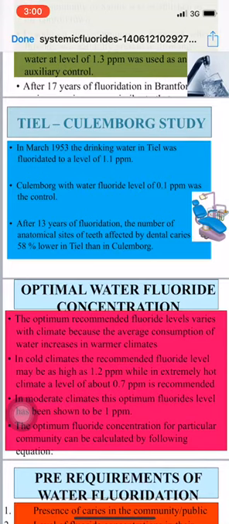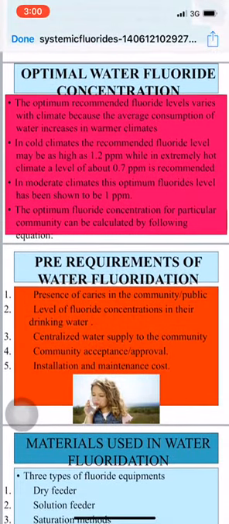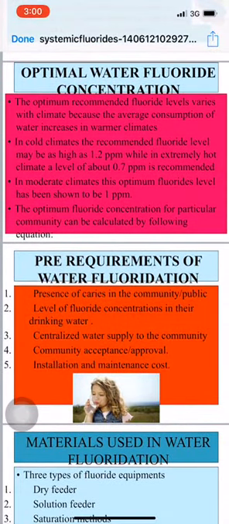نرجع هسه لموضوعنا اللي راح يكون بالسلايد اللي هو عنوانه Optimum Water Fluoride Concentration. The optimum recommended fluoride level varies with climate because the average consumption of water increases in warmer climates. اعتيادي راح يكون نسبة الفلورايد أكثر لأنه الكونسبشن مال الووتر يكون أكثر in the warm if compared with the cold climate.